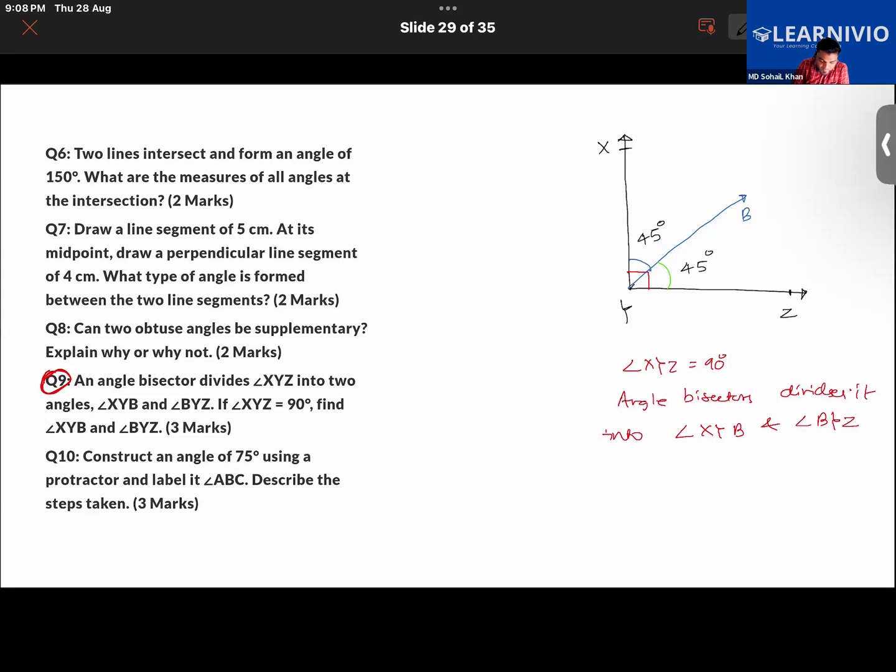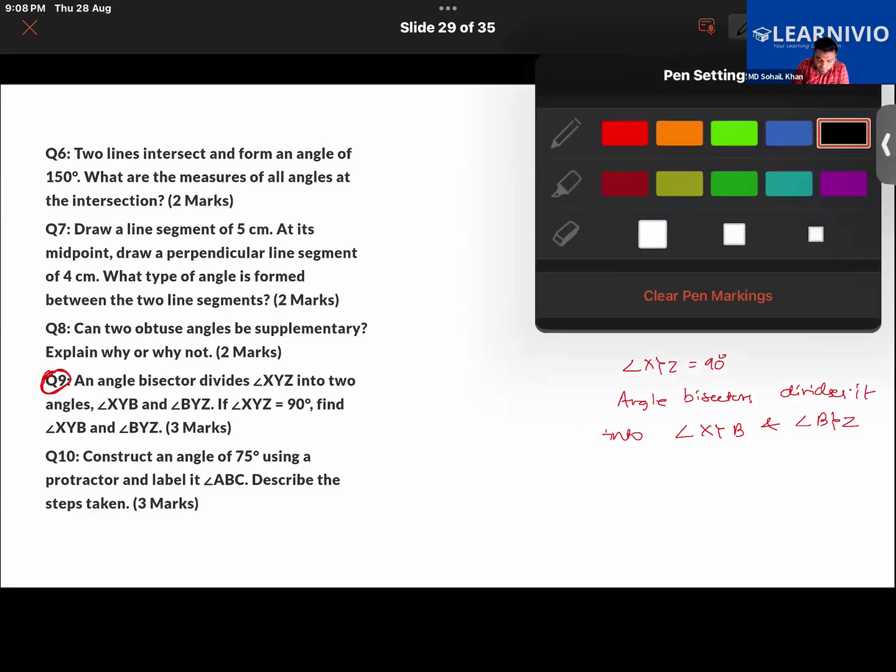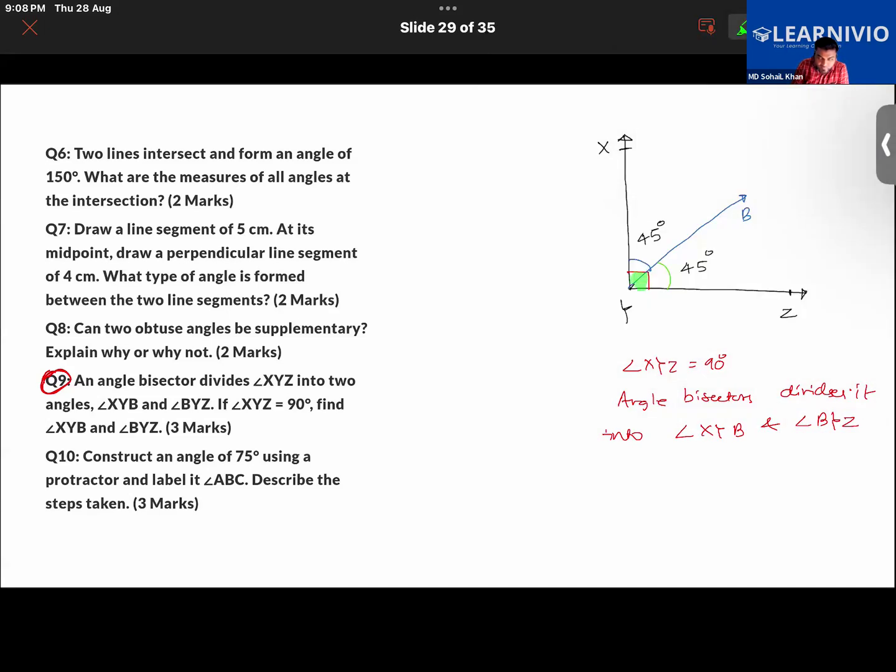Done. Good. Show it to me. Hold on, let me zoom it. Good. You have not named the ray.